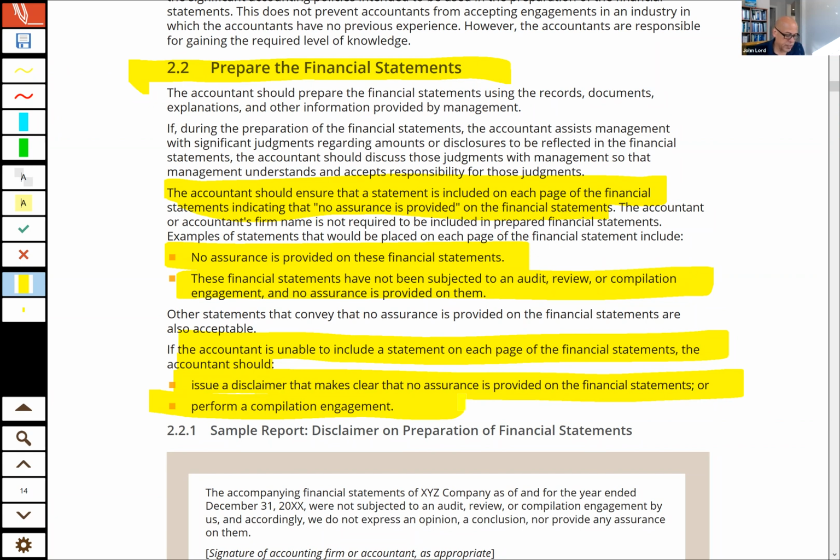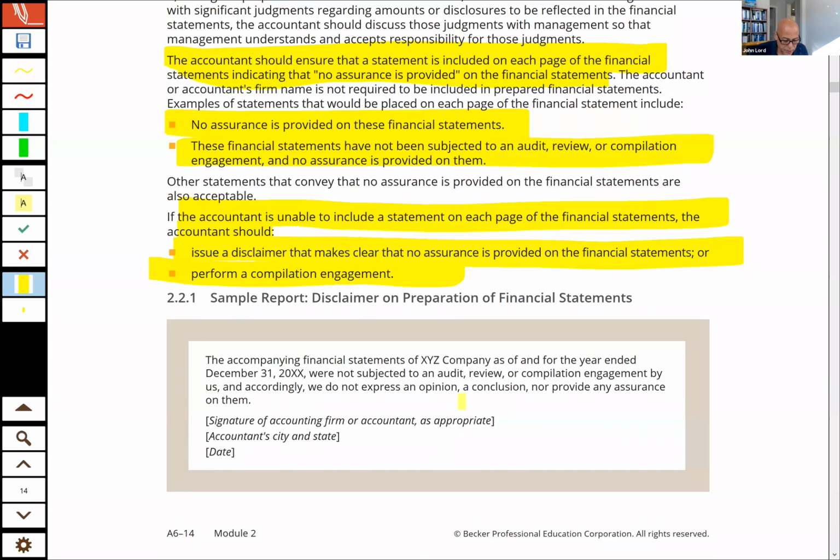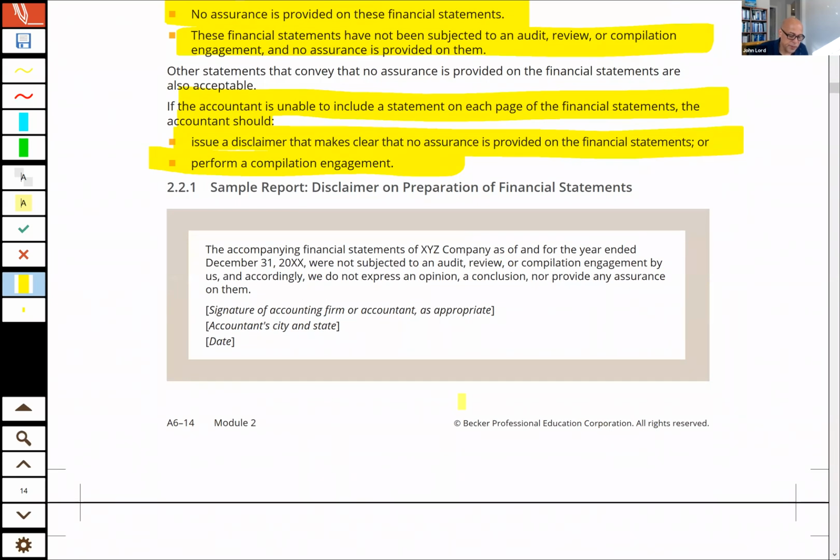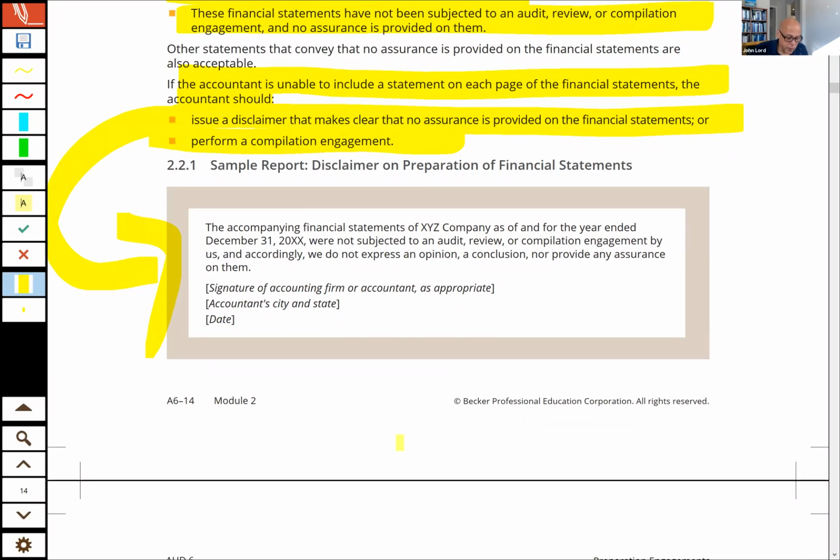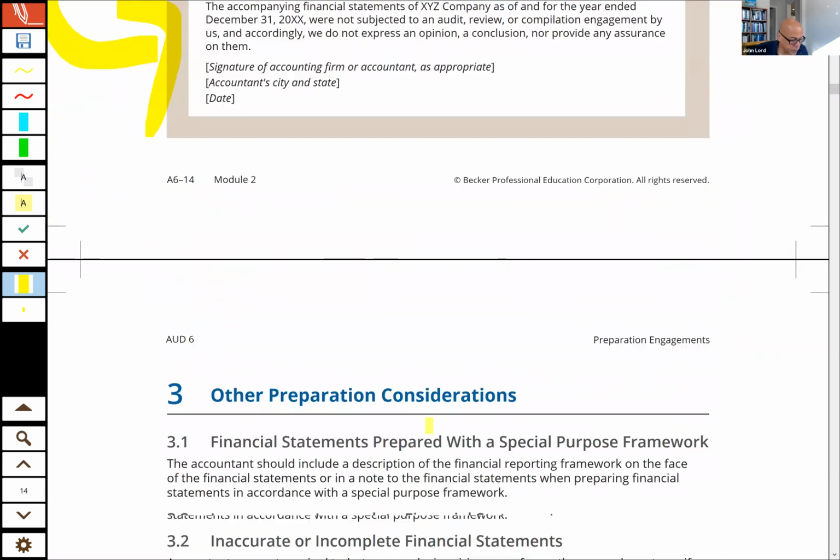So you notice the big deal here is just making sure that everybody understands that what? There is no assurance being given, and that should really be put on every page of the financial statements, and we're really going to make sure that they do that. Okay, but if you have to issue a disclaimer because they won't do that for some weird reason, there it is. That's what it would look like.